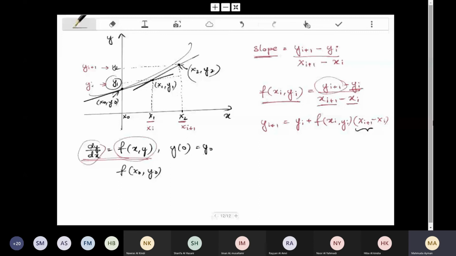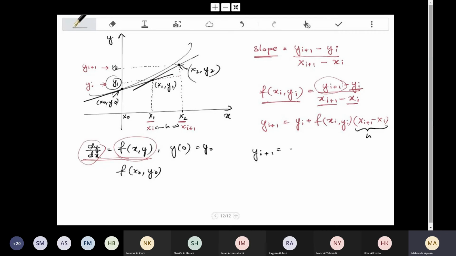So the step size, we can say that this part here can be said as h. So we can replace this here by h, and that would give us the formula, which will look like this one here.